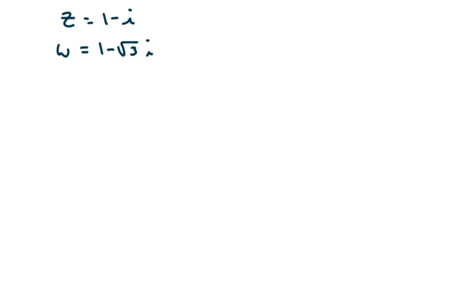So what we're going to have to do is find the polar form first. So for this one, my r is going to be the square root of 1 squared plus negative 1 squared, which is square root of 2.